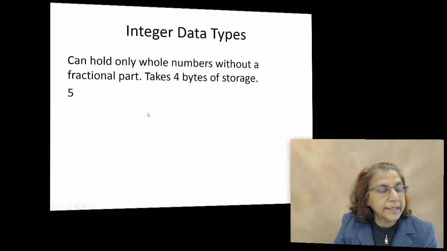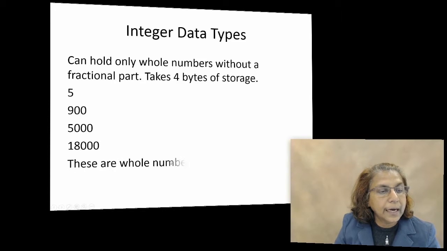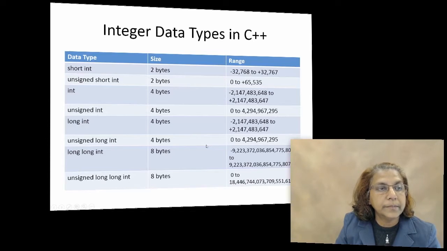And these are some examples: 5, 900, 5000, 18,000. These are all whole numbers. And these are the integer data types in C++. We have a variety of data types, and depending on the application, you will decide which data type to use. For most of our applications, this int data type is enough.